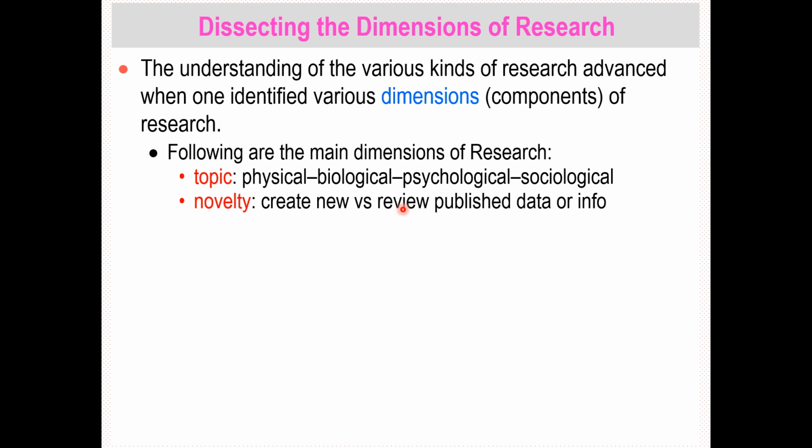You have to review those articles, collect the data, compare the data, and find out what is new or missing in these articles, or what is not being addressed in this problem. When you find that, it is called the novelty.